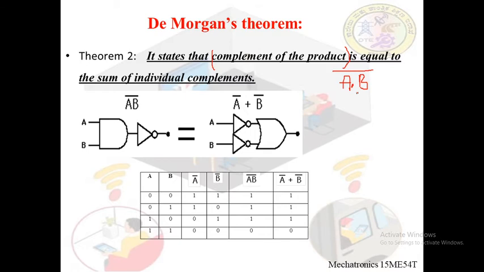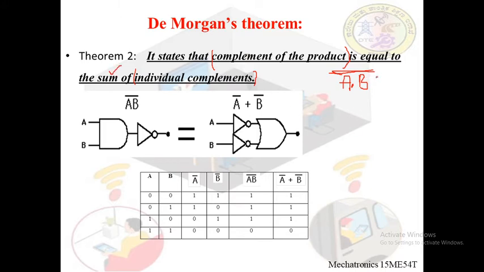There is definitely a difference between the complement of the product and the product of individual complements. The complement of the product has this whole bar taken on the product, and it is equal to the sum of individual complements. Individual complements means A bar and B bar separately, summed together here.